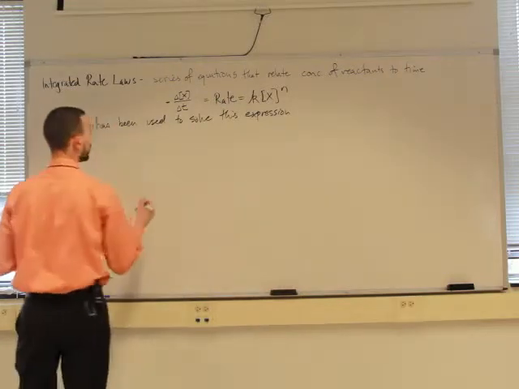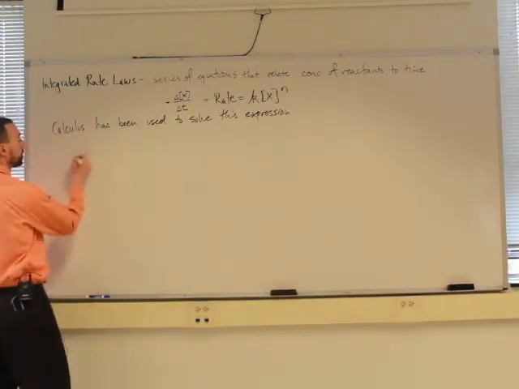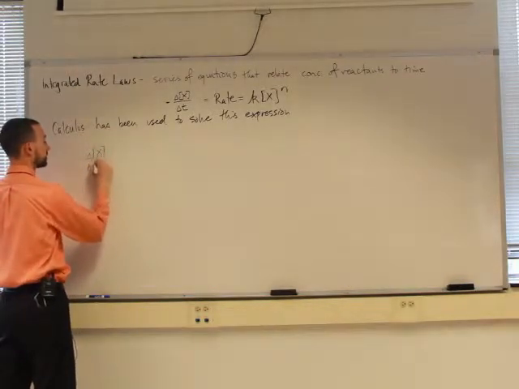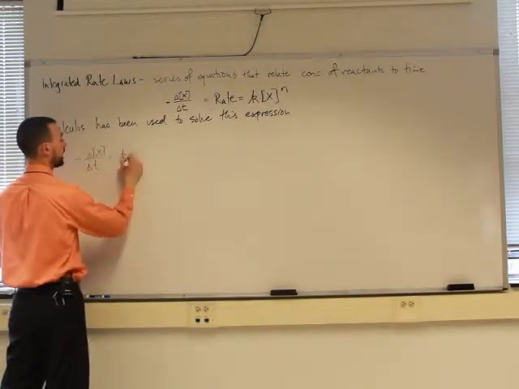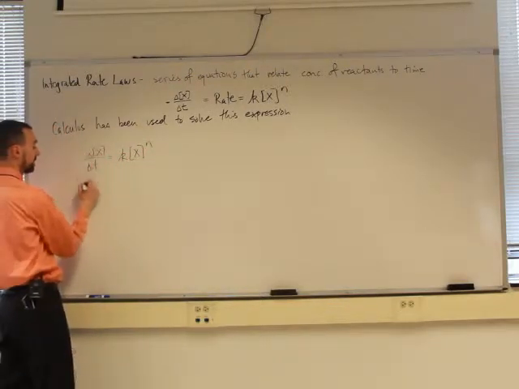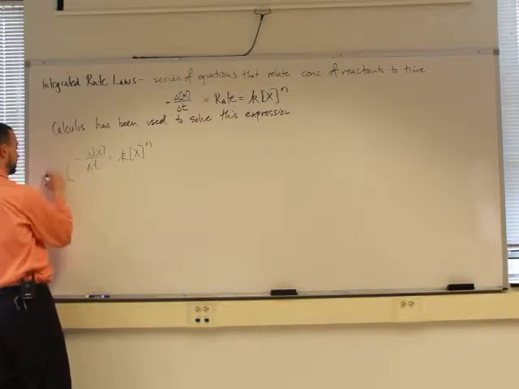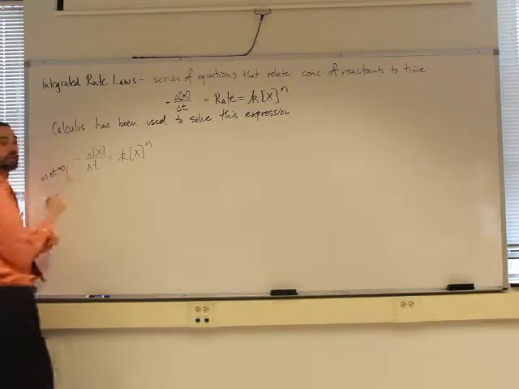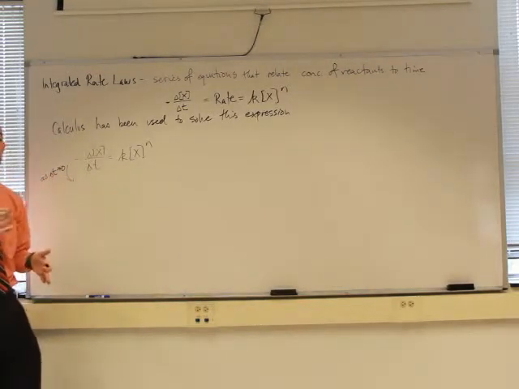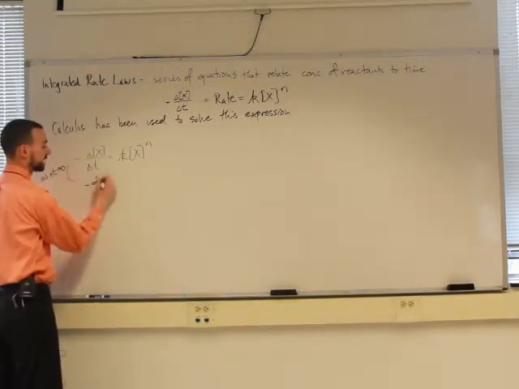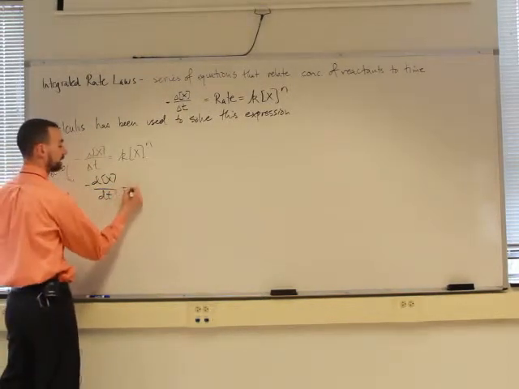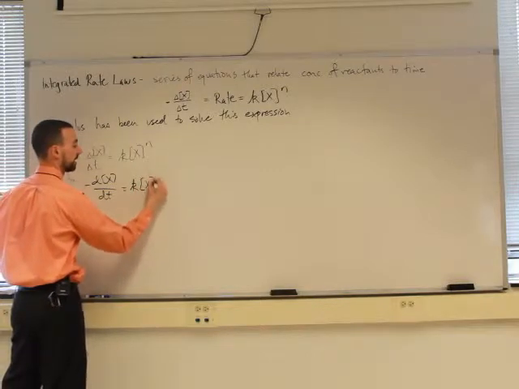If I could briefly show it to you, for one of these orders, what you would do is take this negative delta x over delta t equals k x to the n. So this would become, as delta t goes to 0, that's what calculus is, you'd make that delta get smaller and smaller, this expression becomes negative dx/dt equals k x to the n.